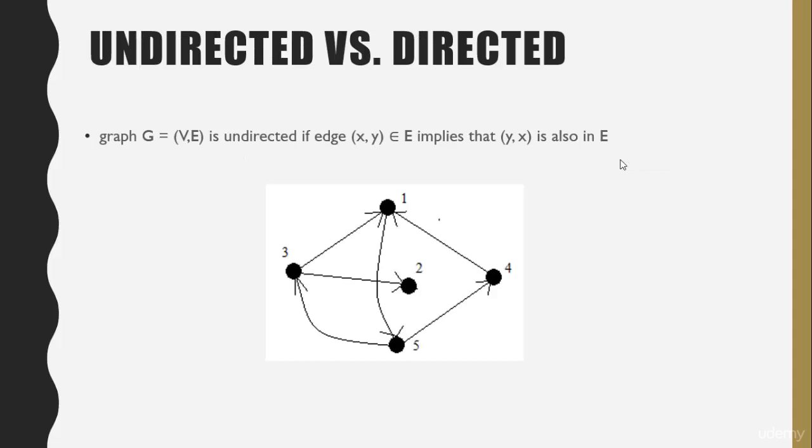Undirected versus directed. A graph G = (V, E) is undirected if edge (x, y) belonging to E implies that (y, x) is also in E. If not, we say that the graph is directed. Road networks between cities are typically undirected since any large road has lanes going in both directions.